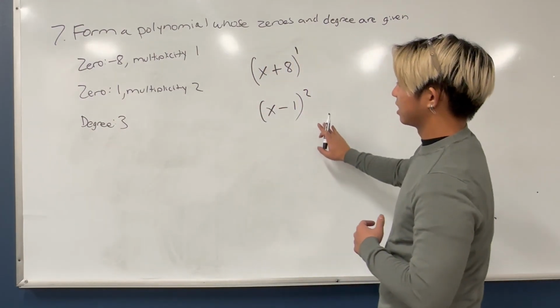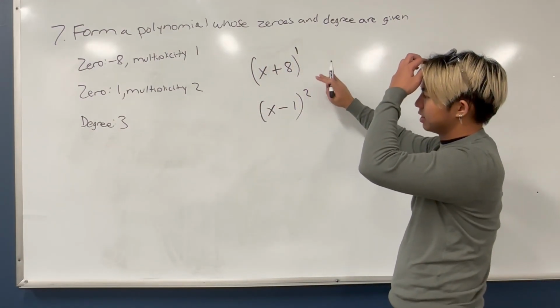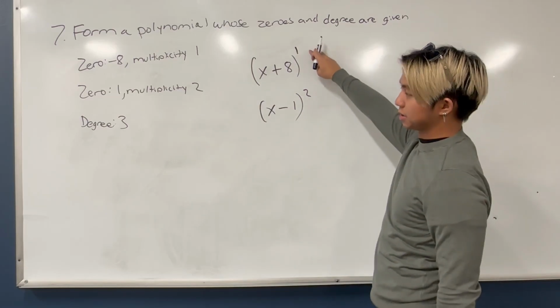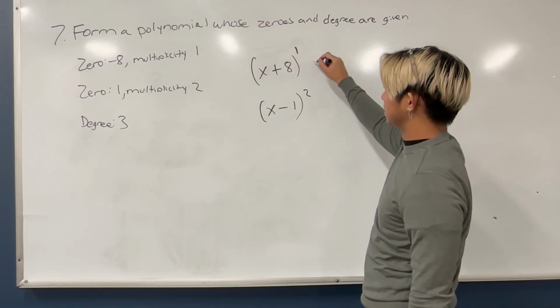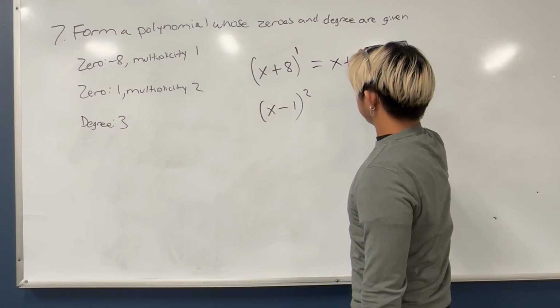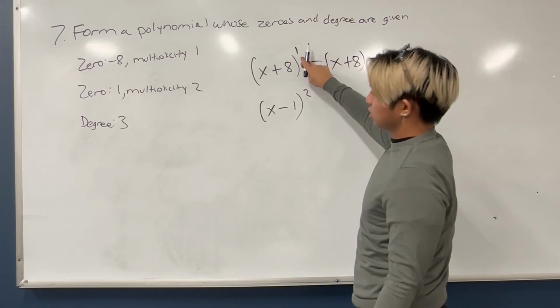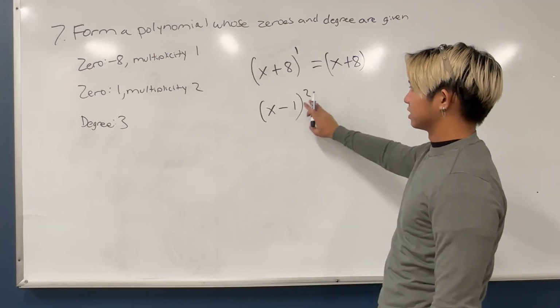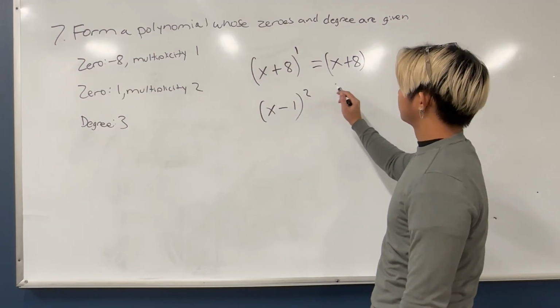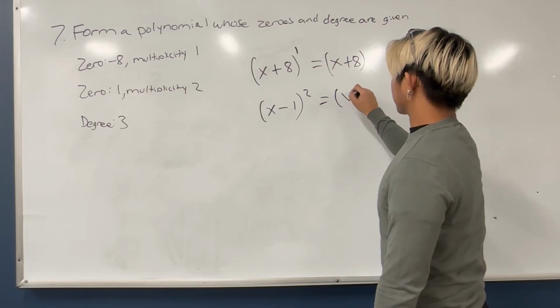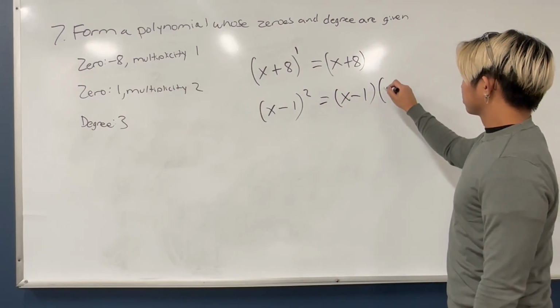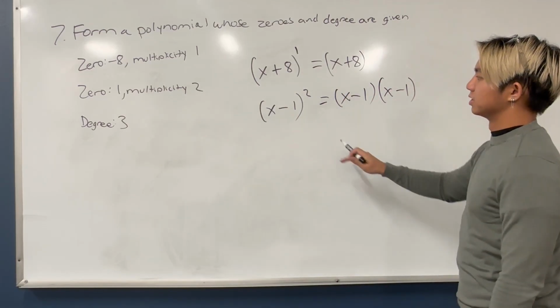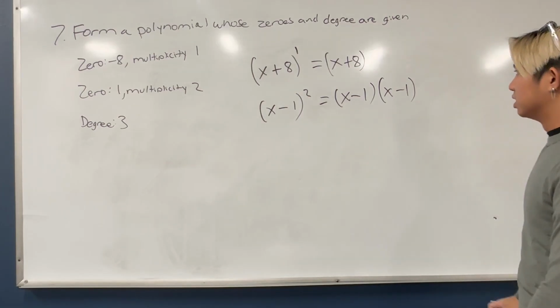I know that this is multiplicity 1 and this is multiplicity 2. So multiplicity 1 would just give me x plus 8, because the exponent 1 would just give me 1. X minus 1, though, has a multiplicity of 2. So this would look like x minus 1, squared, basically.